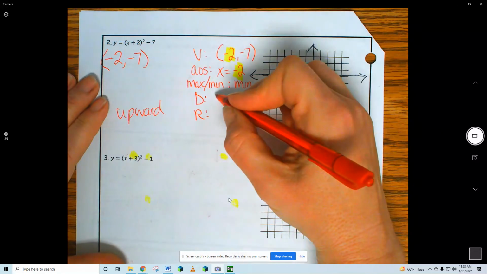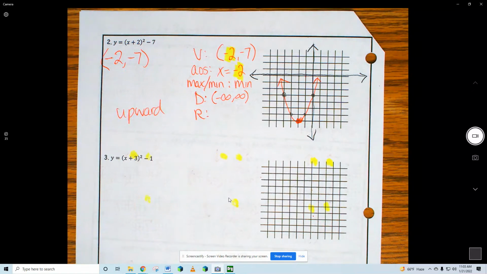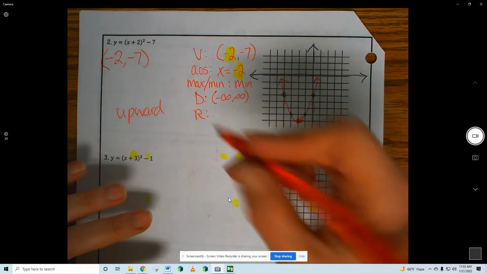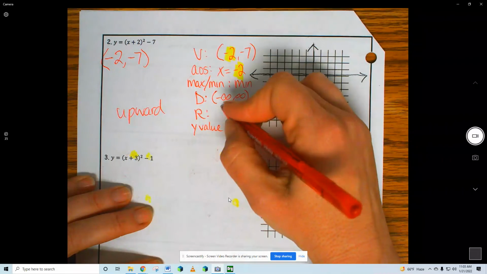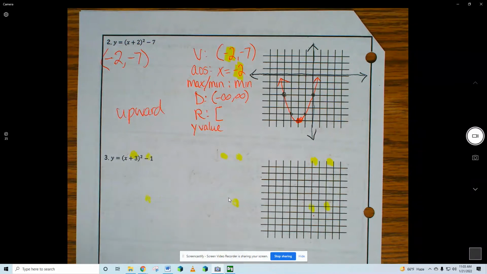My domain is all real numbers because it goes forever. All these parabolas, the domain is going to be all real numbers, everybody. My range is going to be my y value. -7. It touches -7. So I'll use a paperclip.